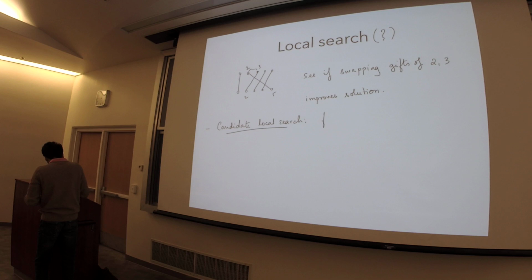So the candidate local search is, for every pair, I change the assignment and try to see if it improves the total cost.